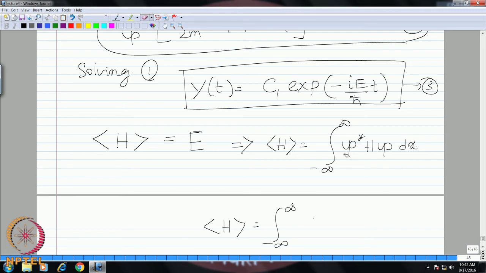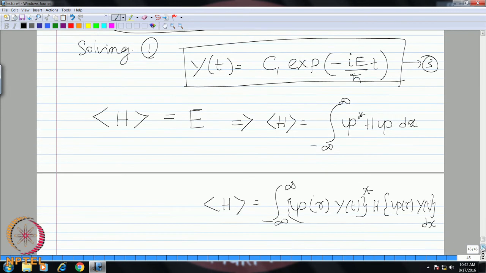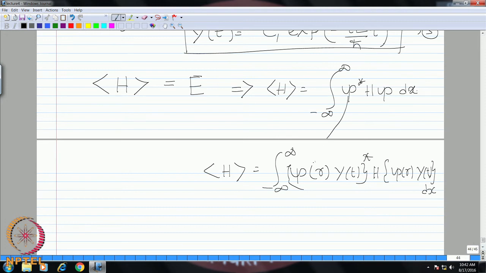We will use the separation of variables method, and separate it into the product solution, so we have psi of r and y of t, and the whole star, this is the complex conjugate of that solution, times we have H into psi of r y of t, dx. Is this fine? So, we have just used the separation of variables for the complex conjugate and for the wave function.